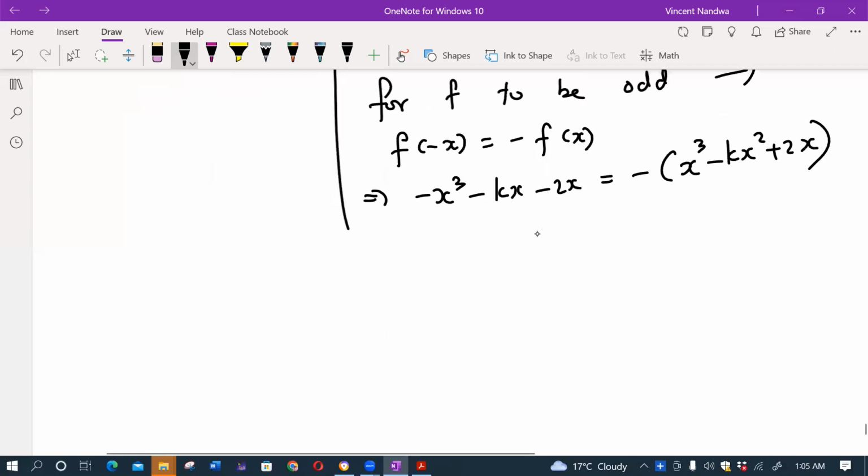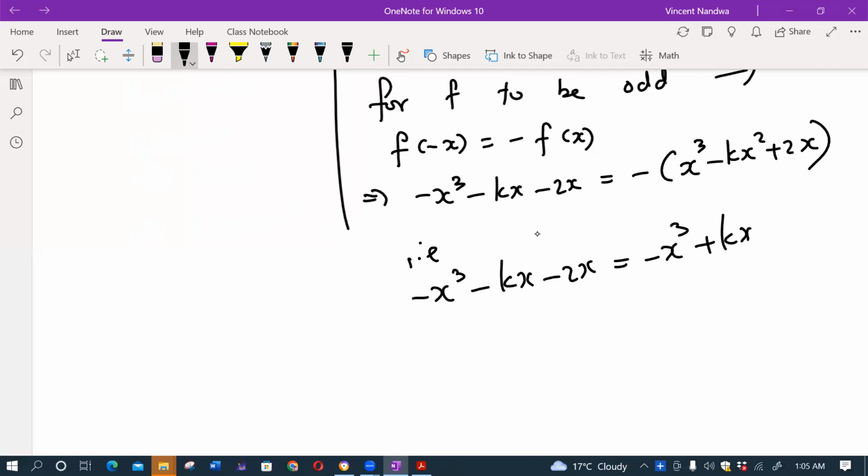So we have minus x cubed minus kx squared minus 2x equals minus x cubed plus kx squared minus 2x. I'm simply multiplying by negative 1.